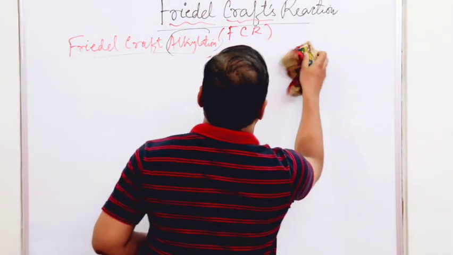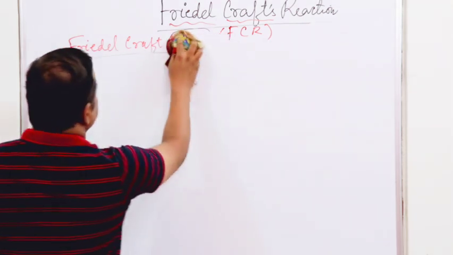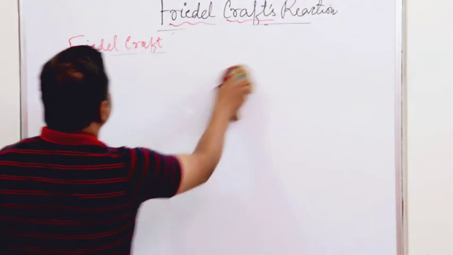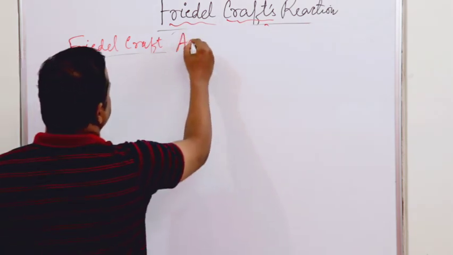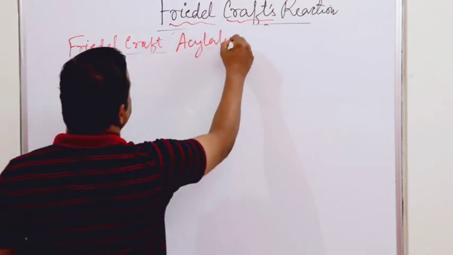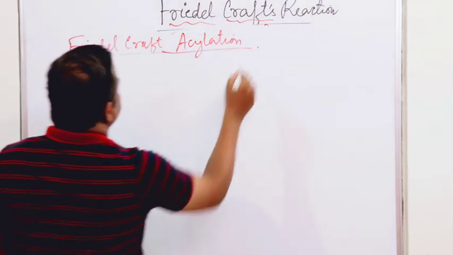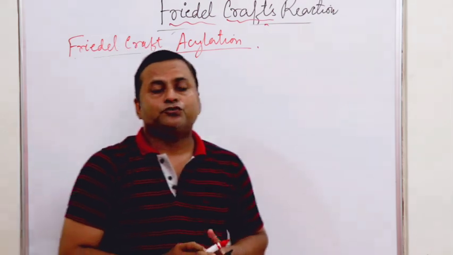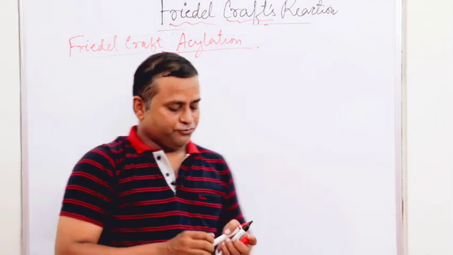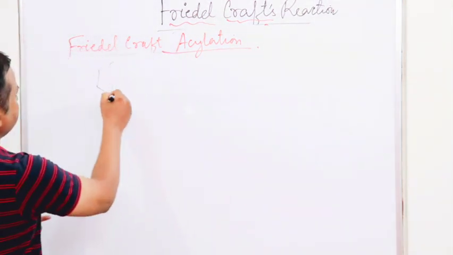So the next topic is Friedel-Crafts acylation. As the name suggests, what happens in this reaction? There is attachment of an acyl group to the benzene ring. So this is a benzene ring.